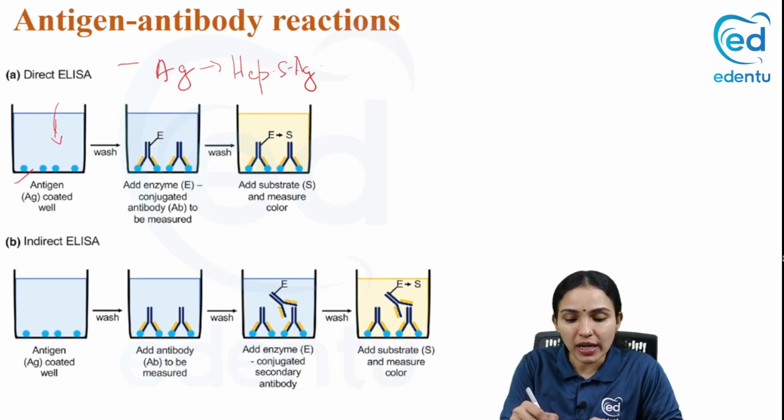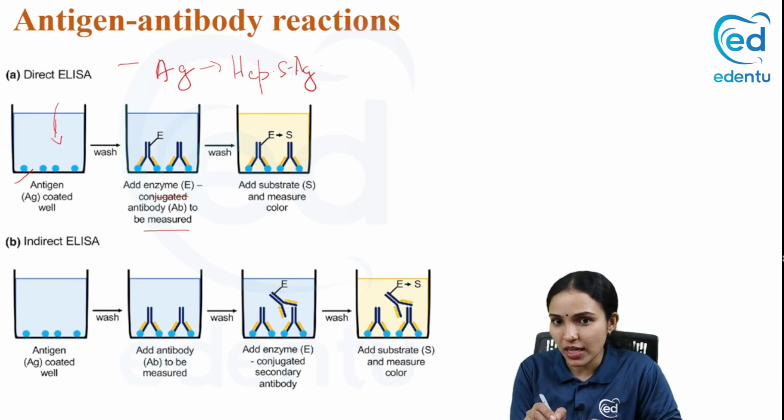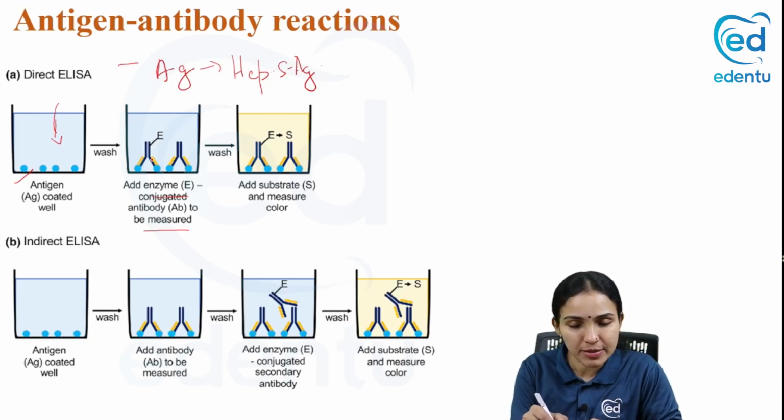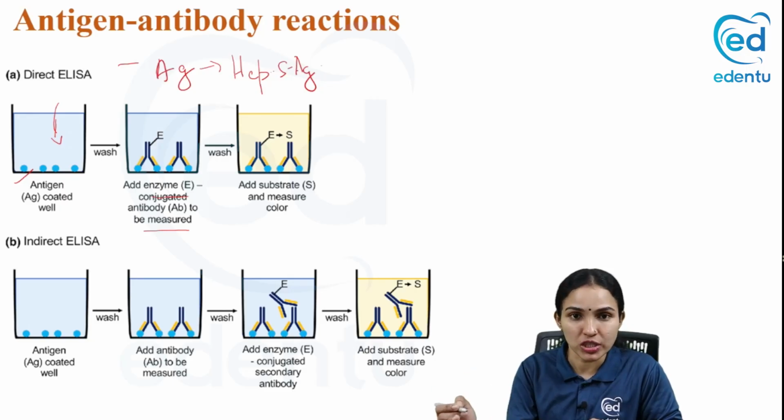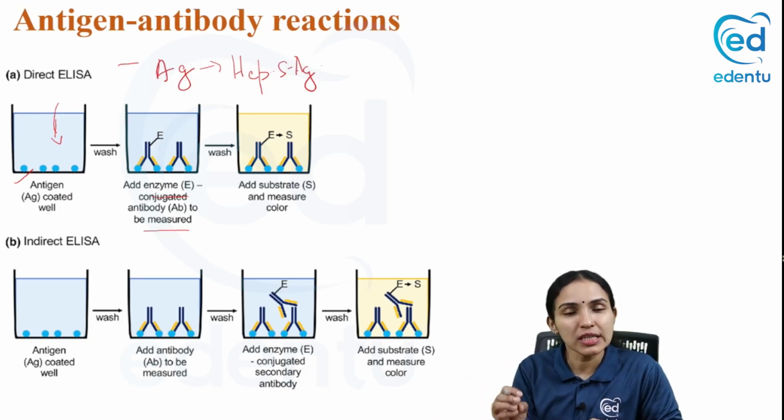Second thing you're going to add is an enzyme conjugated antibody. You're going to add an enzyme conjugated antibody which is specific for this particular antigen. Then you wash it. In between each step we wash it. Why you want to wash in between is, we want to remove all the unbound fractions.